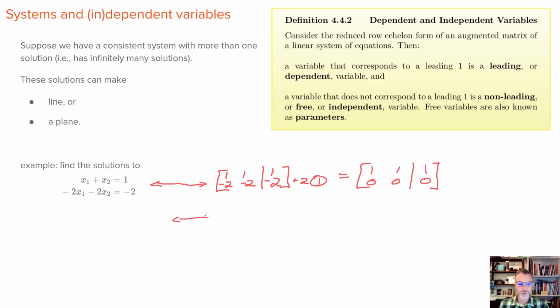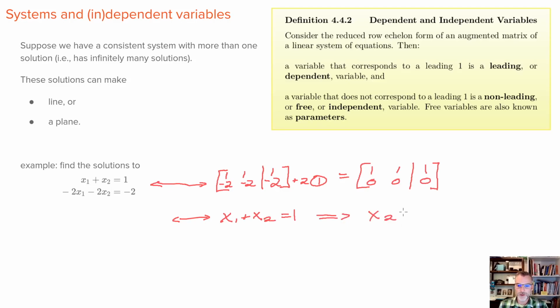Now if I were to reinterpret this in terms of systems of equations, I would have x1 plus x2 is equal to 1. This is an equation of a line, right? x1 might be like your x, and x2 might be like your y.